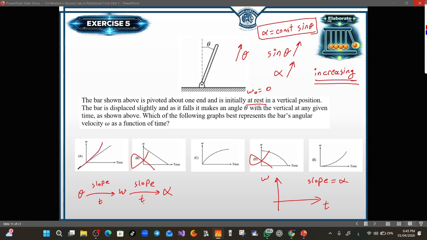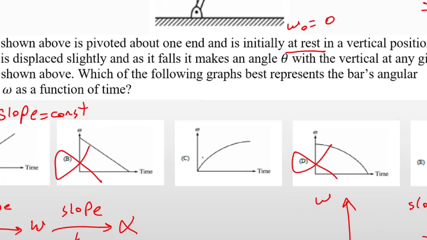Now it cannot be A because the slope in A is constant, neither increasing nor decreasing, so we cannot take A. Now for C, to evaluate the slope, we just draw the tangent line at different points, and you can realize that the slope is decreasing because it becomes less steep.